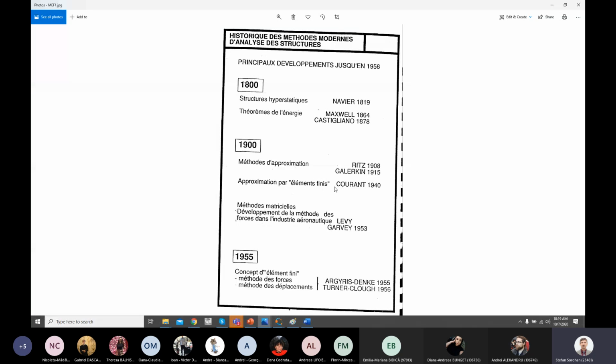The first paper which used a mesh was the paper of Courant for torsional study of arbitrary cross section.